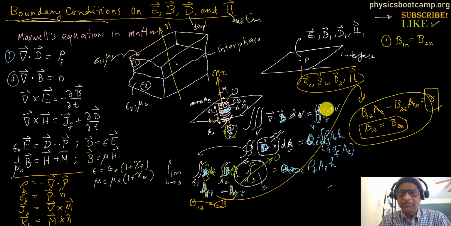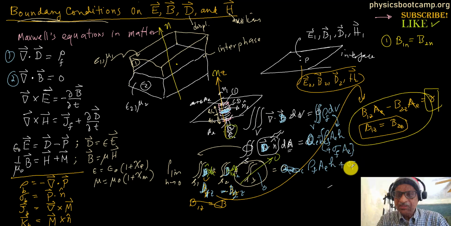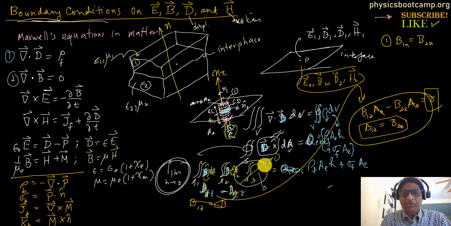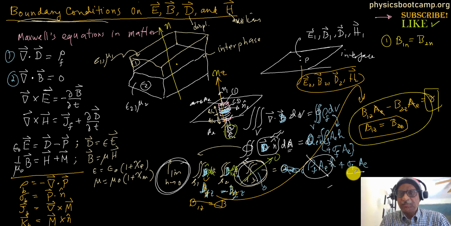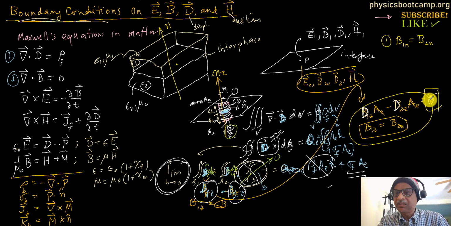times area AE. When you do this integral, it's easy to make a mistake: if there's a surface charge, then we have to include that. So surface charge times AE, and you can see when I let h go to 0, this goes to 0, then this also goes to 0, but this remains. So now we have D1z AE, D2z AE, and this is sigma free charge AE.